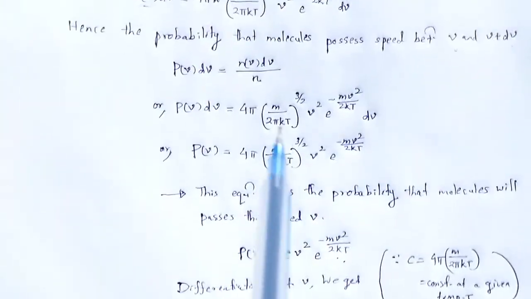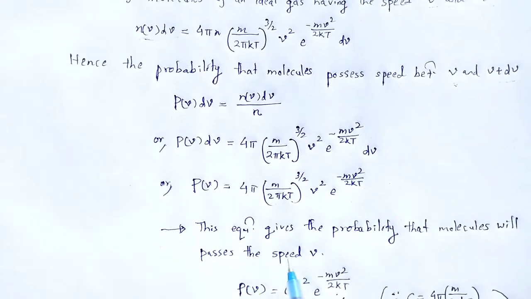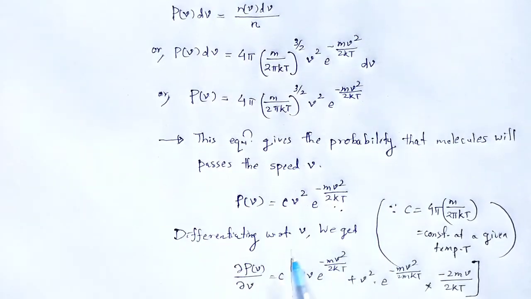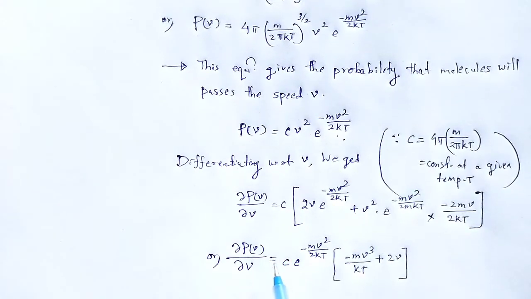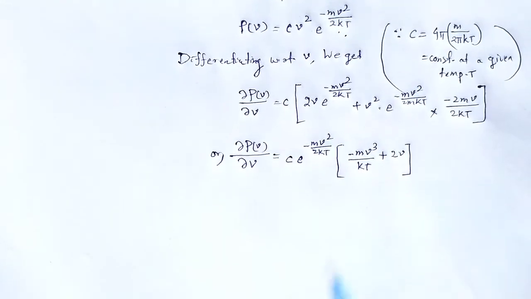But we have to calculate the most probable speed. This is the probability of a molecule, and we differentiate how the probability changes with respect to v. So at most probable speed, what happens?